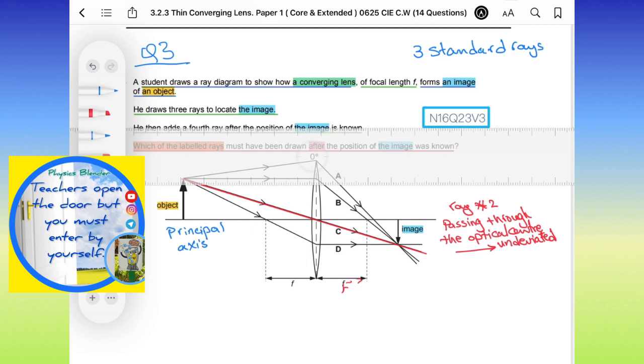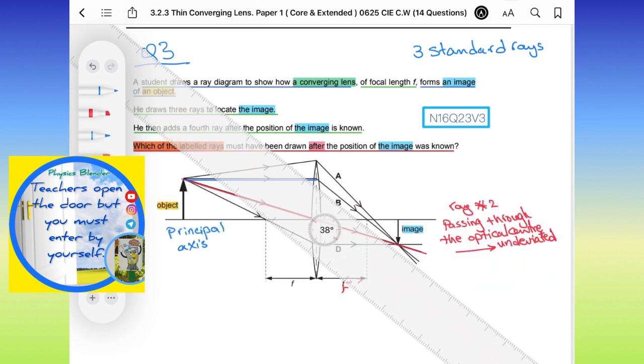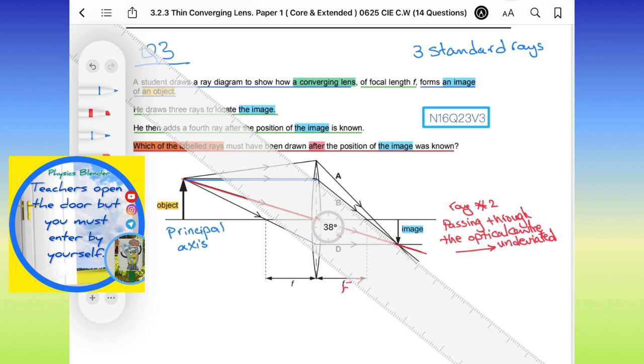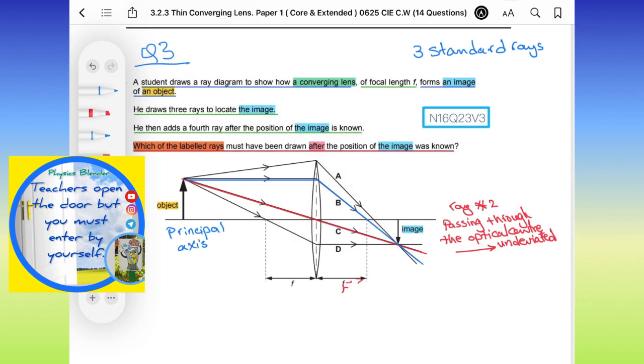Okay, so the ray which is parallel to the principal axis will refract inside the lens at the midline. It will refract here through the focus. To check that the drawing is correct, that's why the focal length of the lens, f, is given here.